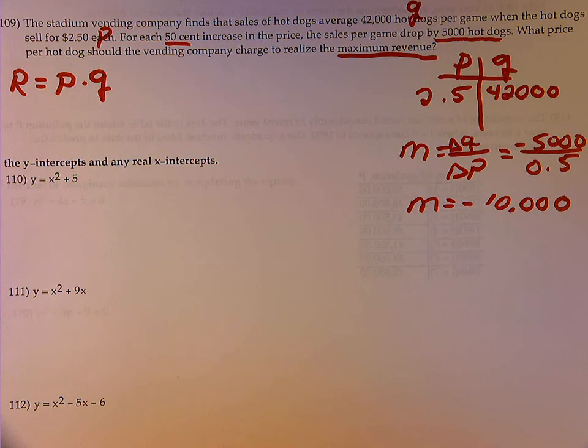To use another point, I would actually have to use the slope to find the second point, and then to come back and find the slope would seem a little bit circular. The only way you can find another point is that you know the slope. If you go to $3 because you're increasing 50 cents and then subtract 5,000 from 42,000, exactly, you can do that because you know the slope.